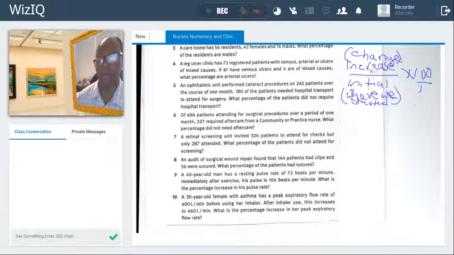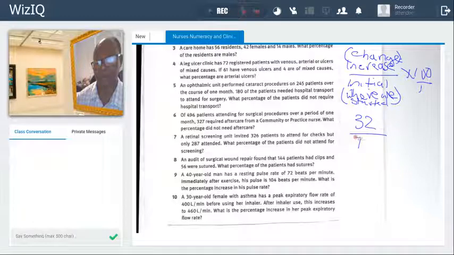Just need one of these, not both of them. Okay, so we know change, which is increase, is 32. And initial, which is where we started from, is 72. And we multiply that by 100. So I've substituted these values into this.